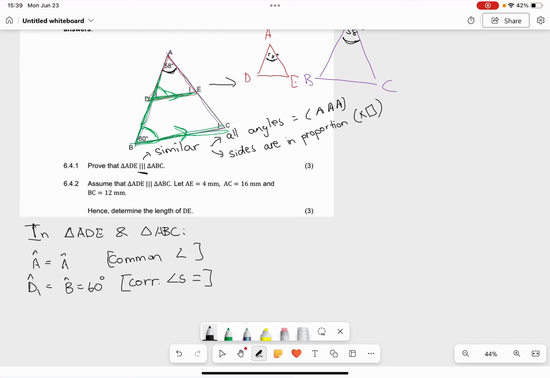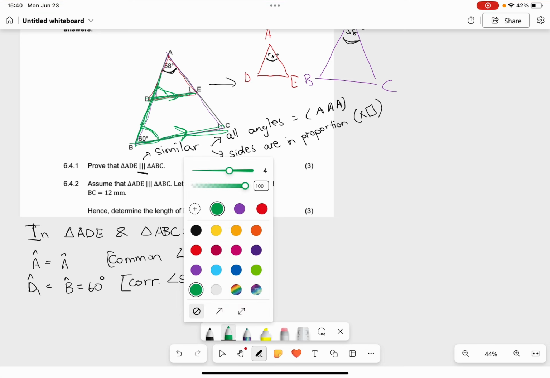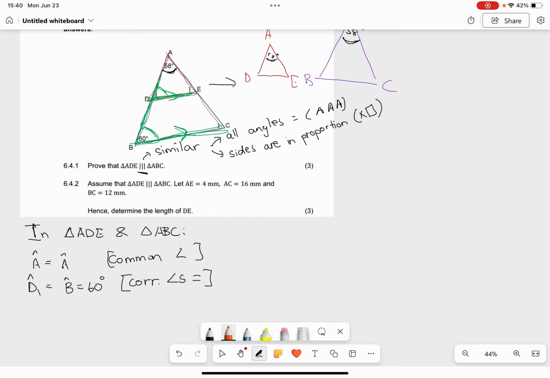And now it's up to you how you want to do this last part. I will tell you the easy way, and then I'll tell you something that's a little bit less obvious, but I think it's even easier. The first obvious thing is, for the same reason that D1 and B are equal, I can also say that E1 and C are equal.